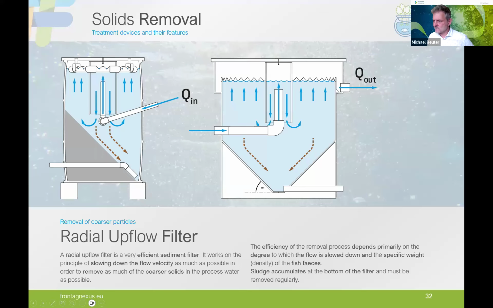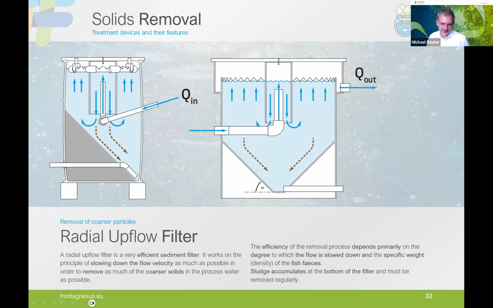And that is done with an increase in cross-sectional area of our tank. We see here our inflow is quite narrow. That is on purpose, because we want to transport in particles that are as large as possible.